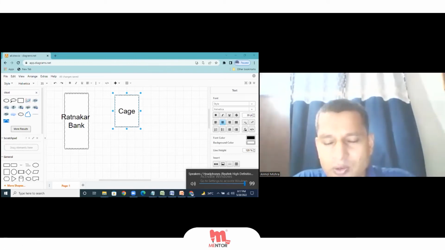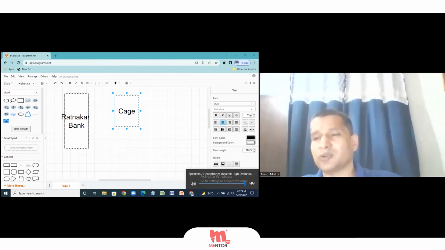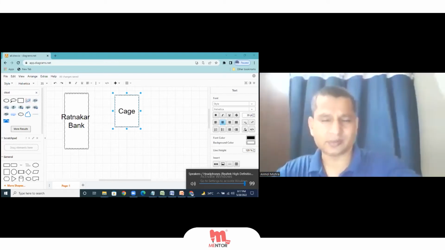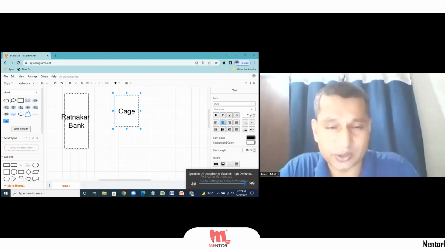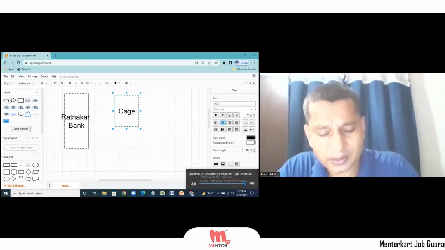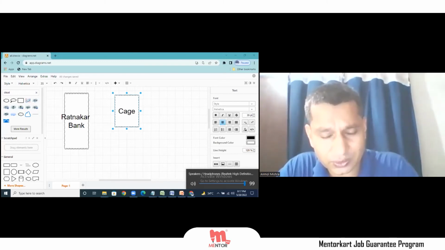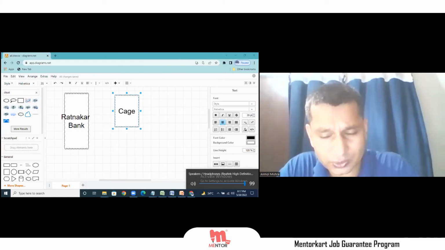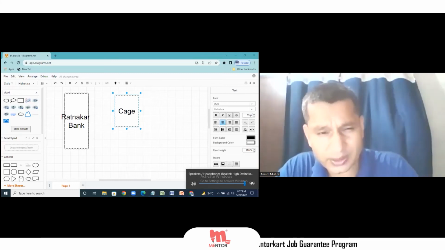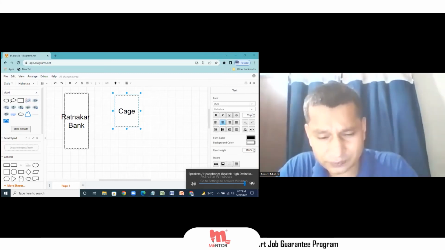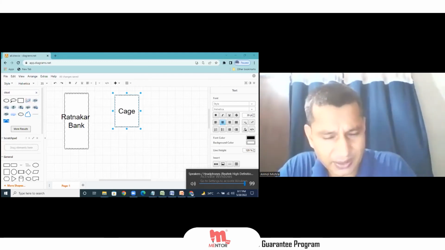Okay, my question is a simple one. From the start I am explaining: the Ratnakar Bank management informed their manager that they want to move everything to the cloud. The manager said there are two options. One, we purchase everything and set up all the things in the Ratnakar Bank environment.